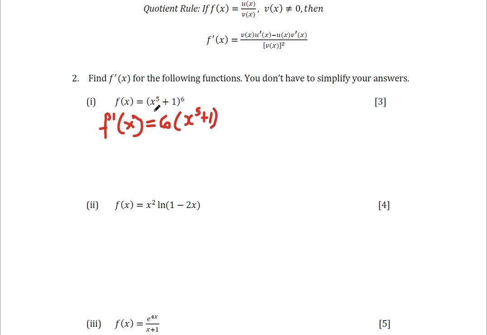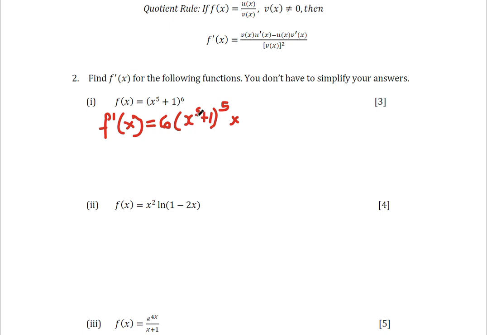And we subtract 1 from this power of 6 to give us 5. So that is the application of the power rule principle. Then, to complete the chain rule here, we're going to multiply by the derivative of what is inside the bracket. So we're going to differentiate what's inside the bracket and multiply by that result to complete the application of the chain rule and hence the differentiation of this problem.